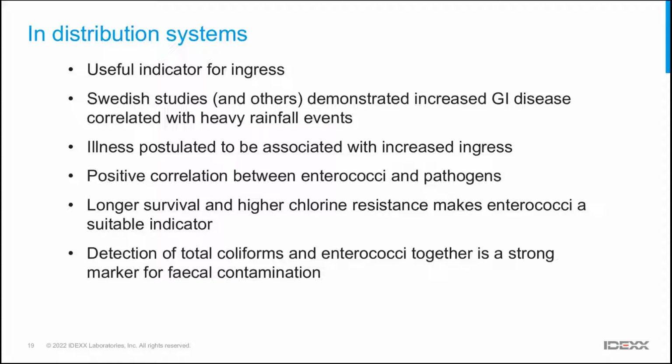And there has been demonstrated a positive correlation between Enterococci and pathogens. And the longer survival and higher chlorine resistance of Enterococci makes them a suitable indicator in these circumstances. And I would point out that detection of total coliforms and Enterococci together is a strong marker for fecal contamination.